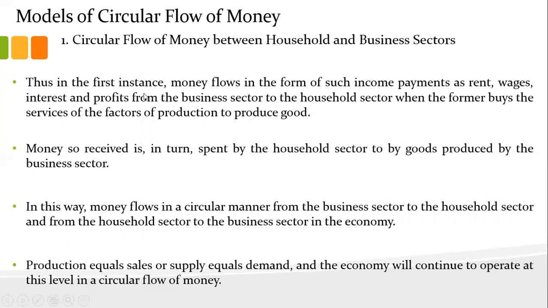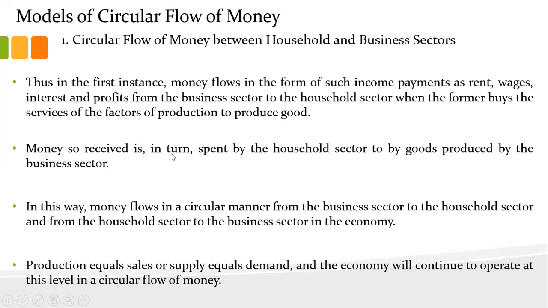So all that theory I have explained to you when I was explaining the figure, just we will go through this theory. Thus, in the first instance, money flows in the form of income payments such as rent, wages, interest, and profit from business sector to household sector, when the former buys the services of the factors of production to produce goods.